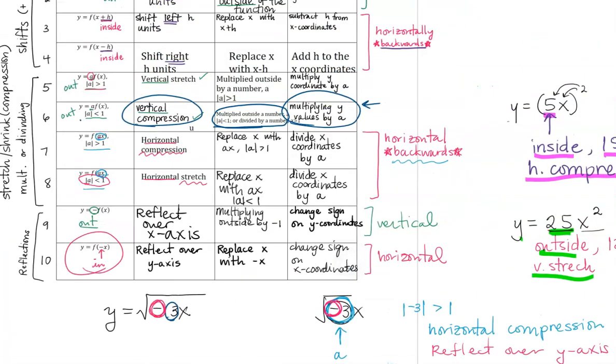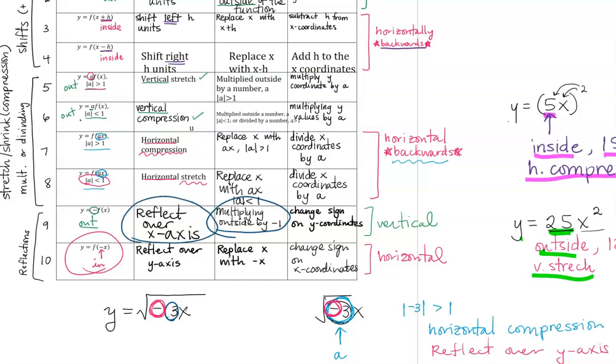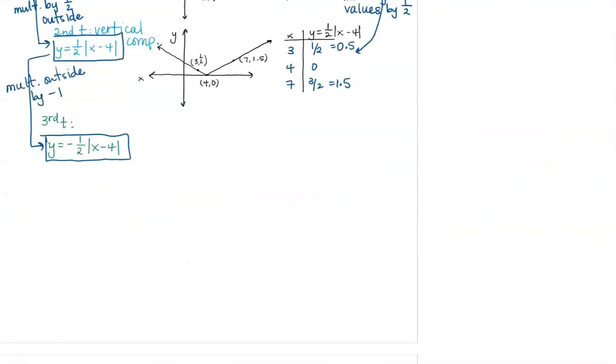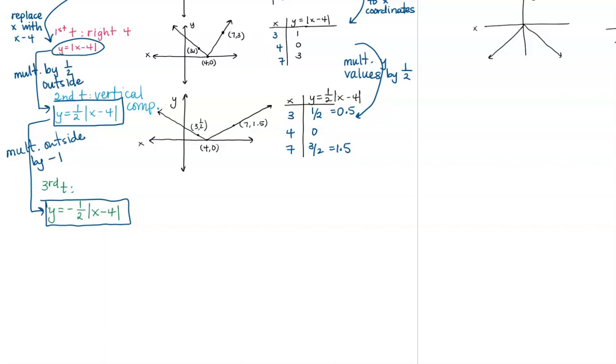So I go up to my table and I look for where I am multiplying outside of the function by -1, and that is happening right here. So I know that that is a reflection over the x-axis, and we will change the sign on our y-coordinates in order to get our new graph.